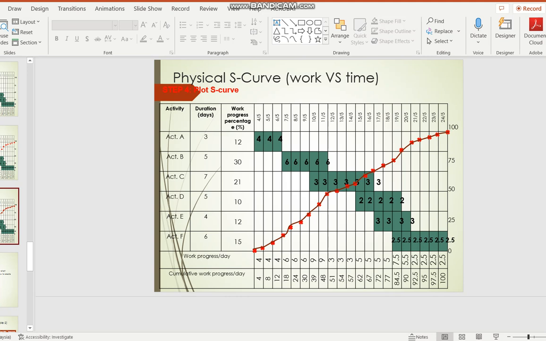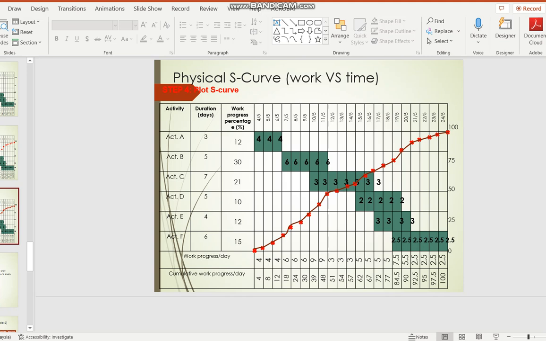So how we plan the physical work and how we plan to spend the money, even though it should be tied together, because once you spend the money, it means that you've done the work. So the progress will be first, and then the money will come in. So that is what we can think of, but don't just hold yourself to that all the time. It is not 100% true.